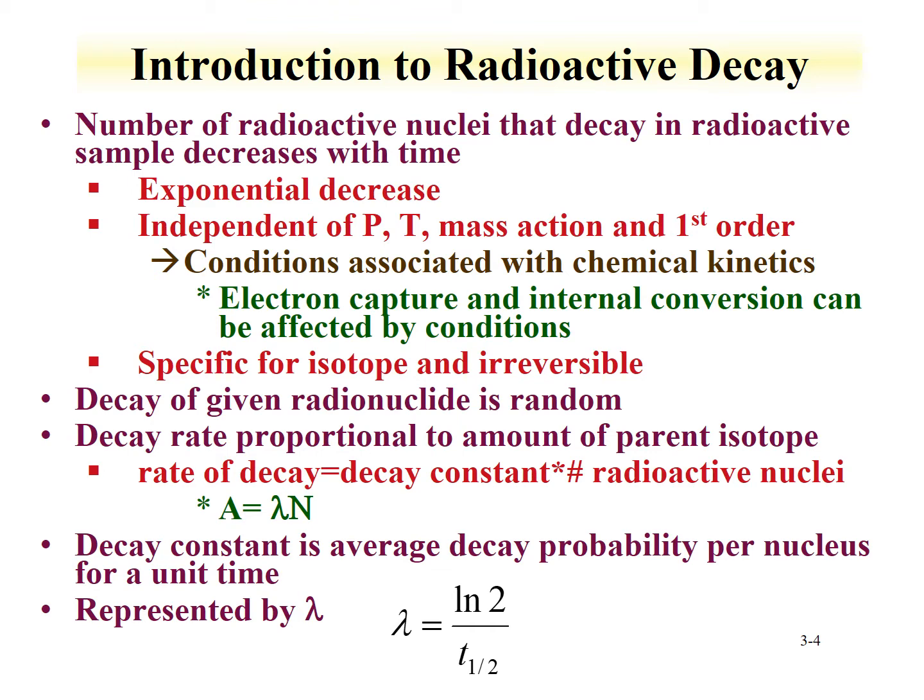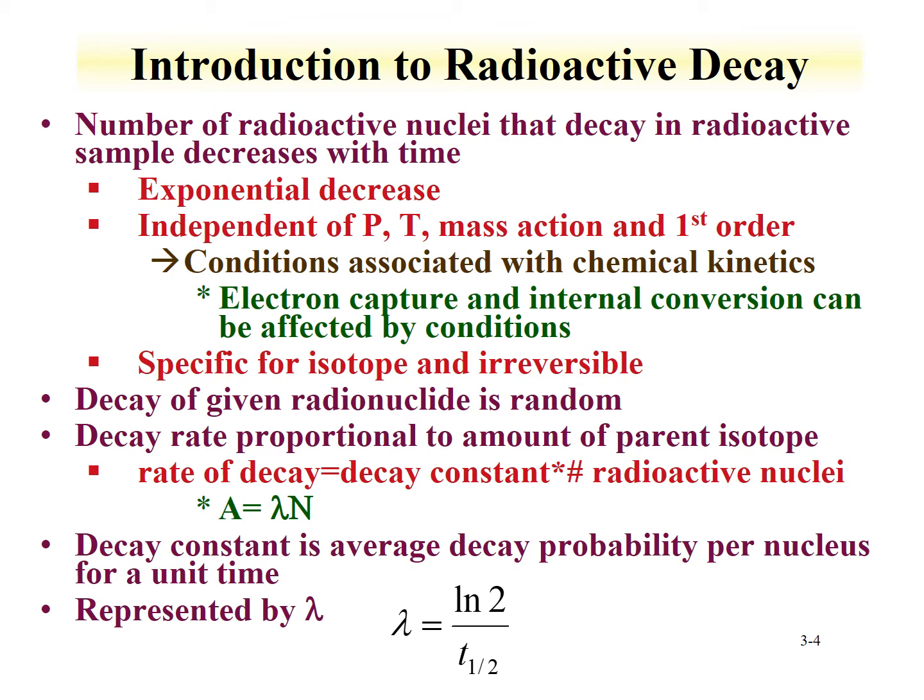Now, the decay of a given radionuclide is random. If I had 100 atoms, it's trying to select which radioactive atom would decay. That's probabilistic. I could make a bet that within a certain half-life, 50% would decay, but I couldn't predict which one would decay.